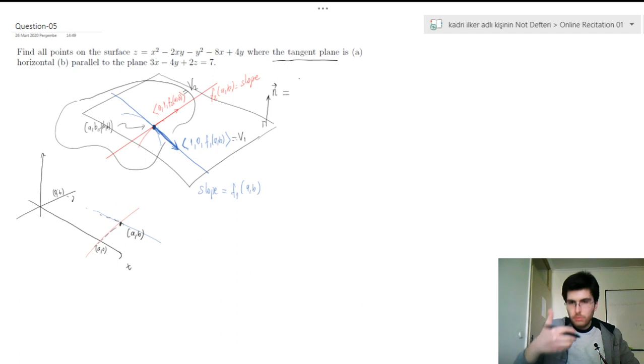So the normal vector can be just v1 cross v2. Using the usual determinant argument, you can easily compute this cross product. I'll skip this part, and this is your normal vector.